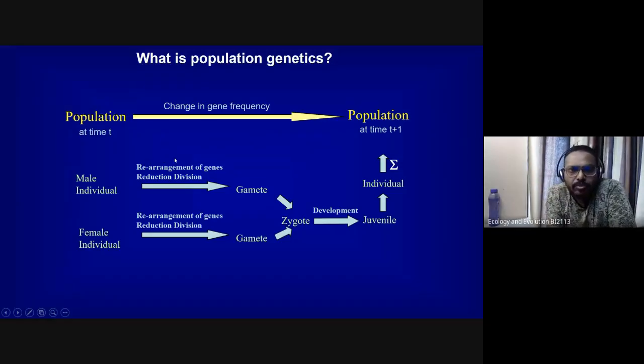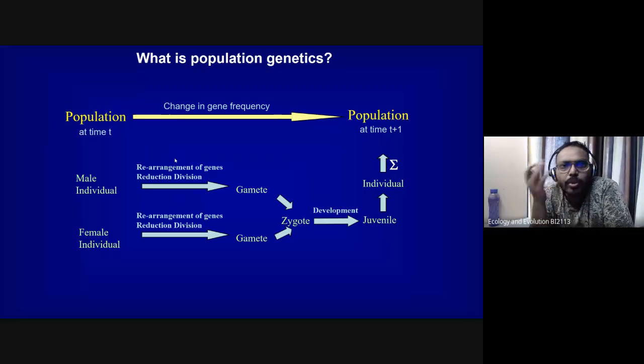And then because of reduction division, only half of those alleles, half of those genes are being passed to a gamete. So each individual's contribution to the next generation, whether male or female, is not the full genome but half of the genome, and that half is also a scrambled-up, tossed-up kind of half that goes to the next generation.